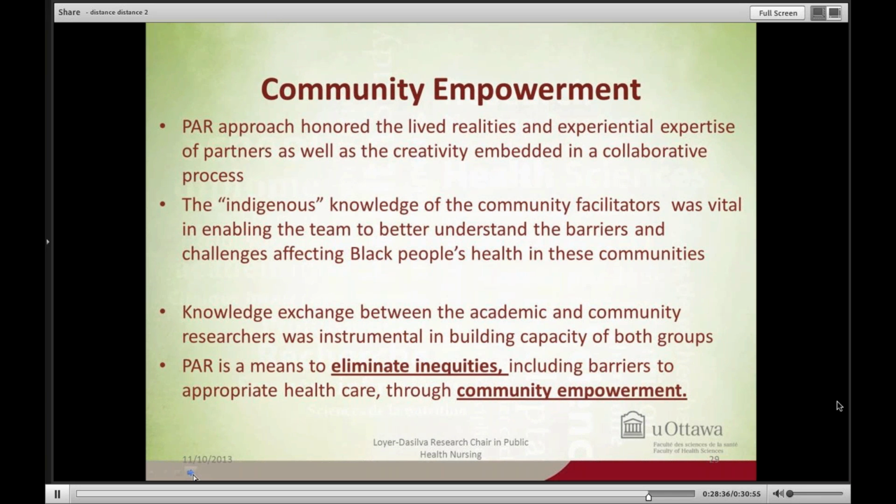The indigenous knowledge of the community facilitators was vital in enabling the team to better understand the barriers and challenges affecting Black people's health in these communities. Knowledge exchange between the academic and community researchers was instrumental in building capacity of both groups. So PAR is a means to eliminate inequities, including barriers to appropriate care, through community empowerment.